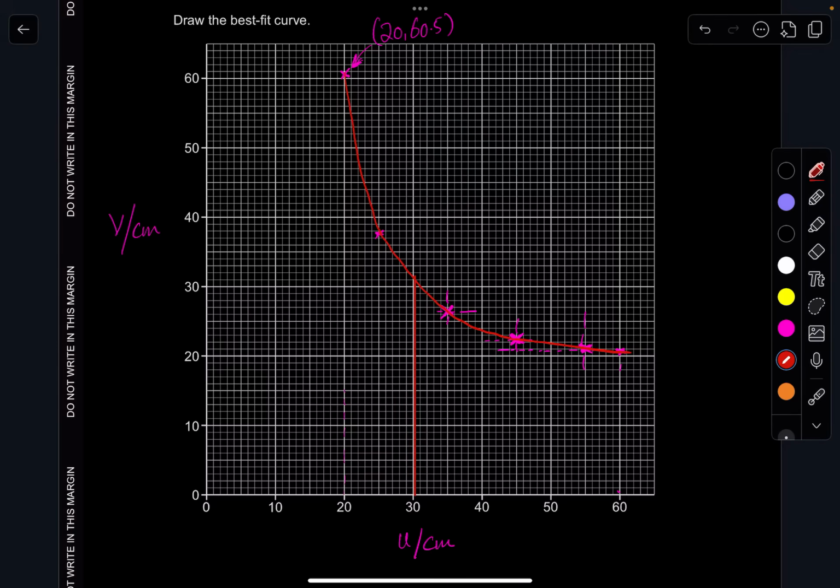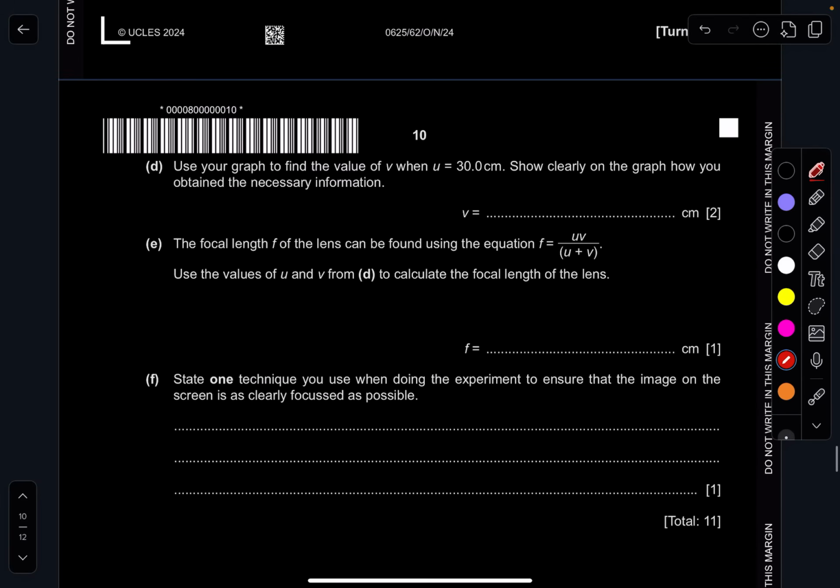Okay, then you have 31. So V will be 31, or you can say 30. Okay, then you have to find the value of F, and the relation is given.